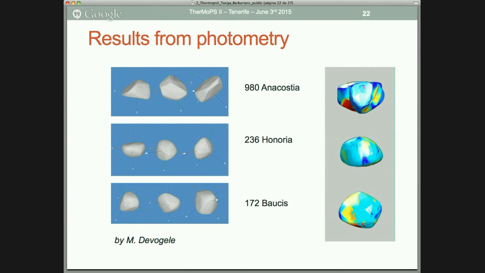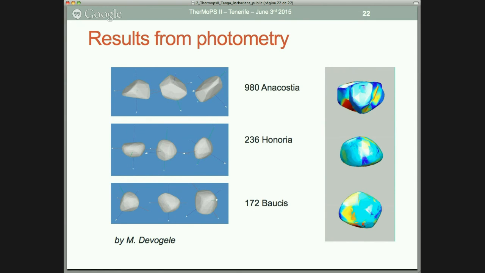For example, this Japanese group produced some numerical simulations showing that when you impact a rubble pile, in non-catastrophic impacts such as cratering impacts, the fragments flying away carry away angular momentum, and the net result is that you slow down your objects. So could this be one of the mechanisms acting on Barbarians on a very long time scale? It could be. Certainly these objects are a little bit too large for YORP to be so effective at these large sizes.